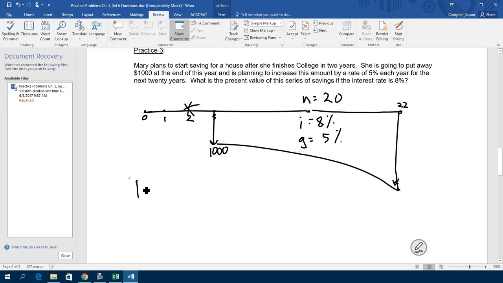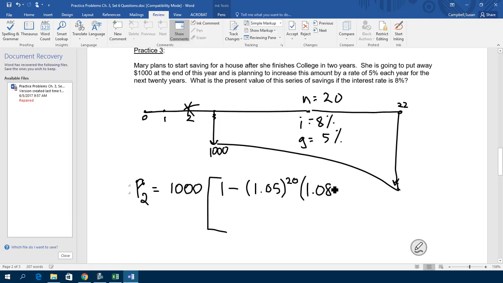So our P at year 2 is going to be equal to A1, or 1,000, multiplied by 1 minus 1.05 to the 20, times 1.08 to the minus 20, all over 0.08 minus 0.05.